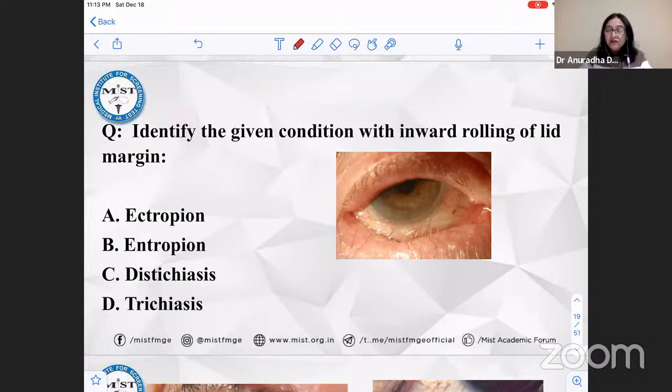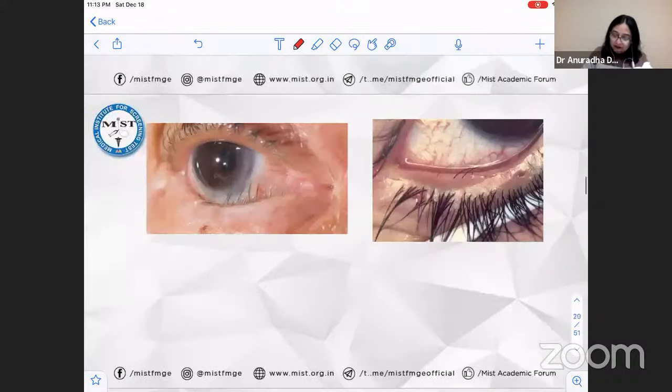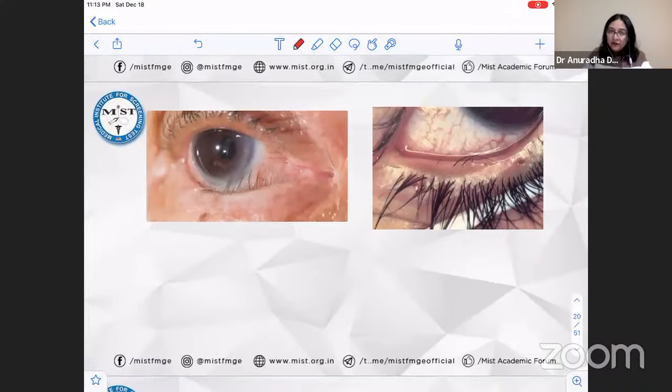Identify the given condition with inward rolling of lid margin. So this is very important. In which condition does the inward rolling of lid margin occur? The choices given to us were ectropion, entropion, distichiasis, trichiasis. Now let me take you through what all the other choices are.